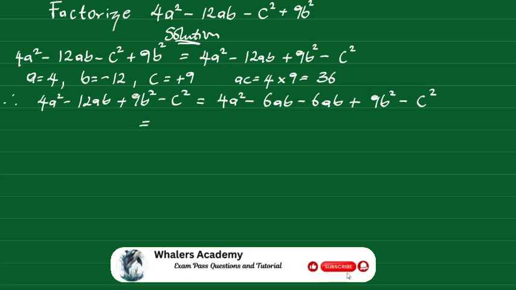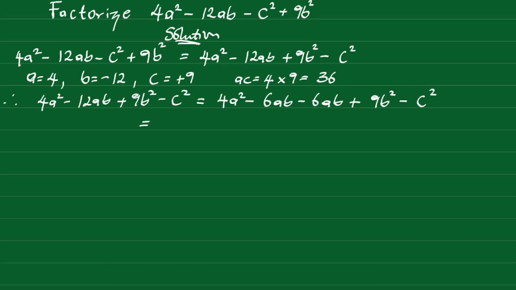Solving further, we factorize out 2a from 4a squared minus 6ab. So we have 2a, bracket open, 2a minus 3b, bracket close. Next, we factorize out minus 3b from minus 6ab plus 9b squared. So we have minus 3b outside, we open the bracket and we're left with 2a minus 3b, bracket close.